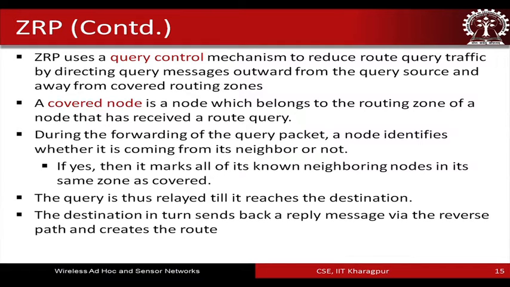So, there is a concept of a node being covered. A covered node is a node which belongs to the routing zone of a node that has received a route query. As you can understand, I think so far you are able to relate why this concept of zone is used. You are trying to limit the way the broadcasts are propagated.